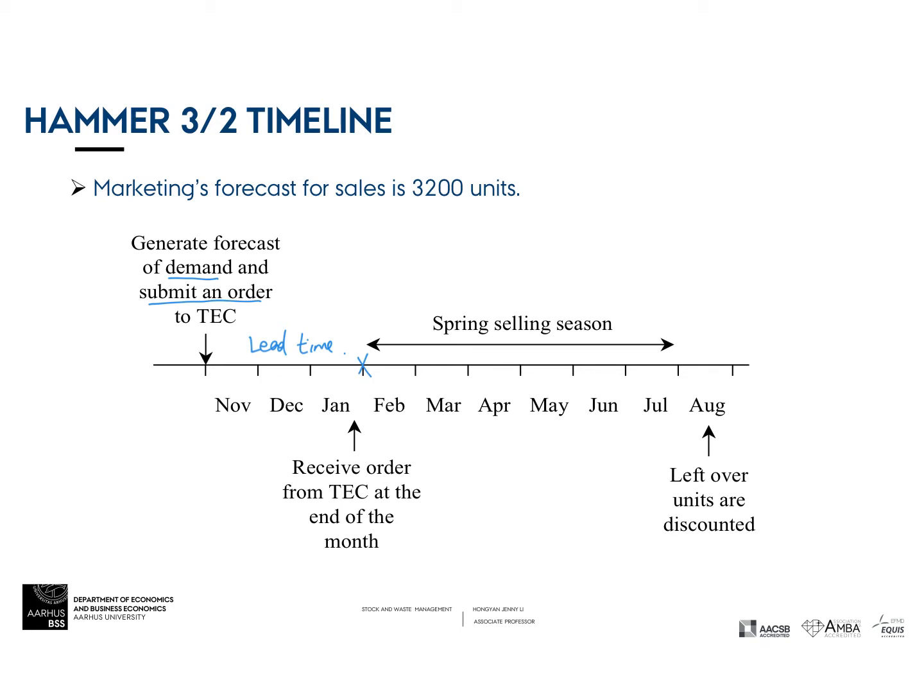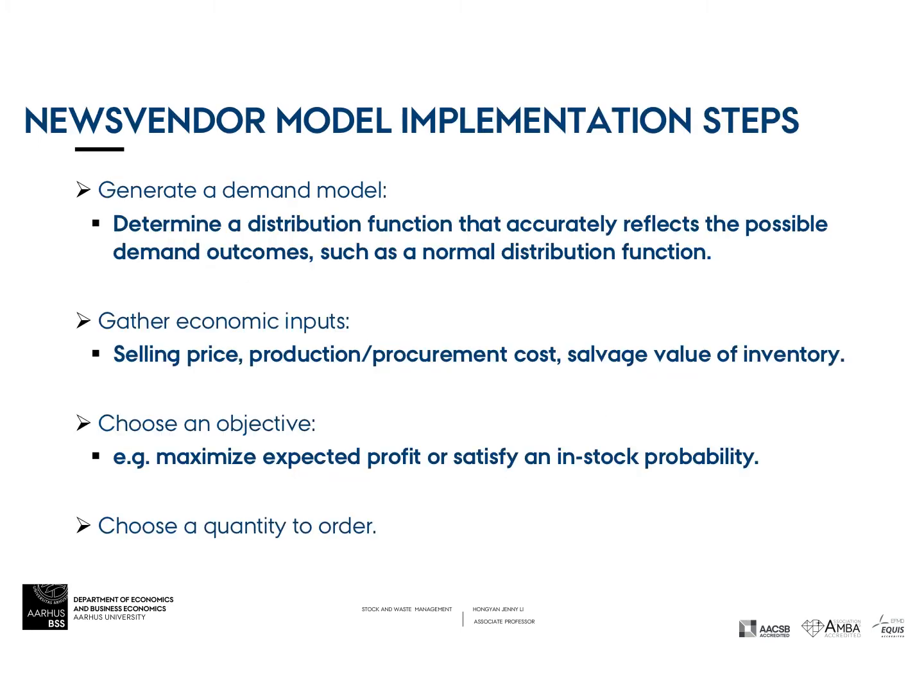The selling season is 6 months. Then from the beginning of August, basically the end of summer, the leftover inventory of this product will be discounted or marked down. So the question is how many units you should order from the manufacturer.